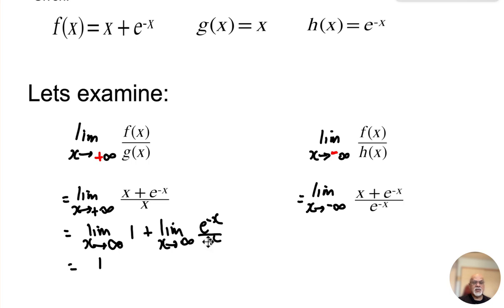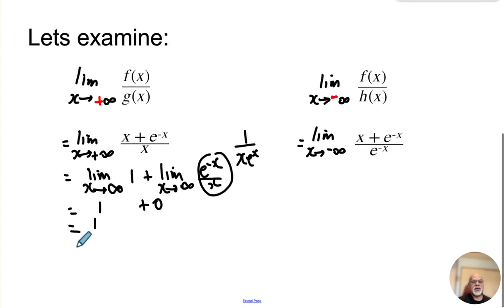And in the second case, this e to the minus x divided by x, as x gets infinitely large, this expression is just like 1 over x e to the x. And so as x goes to infinity, this number on the bottom is getting humongously large. And so this limit is just 0. And so that's equal to 1.